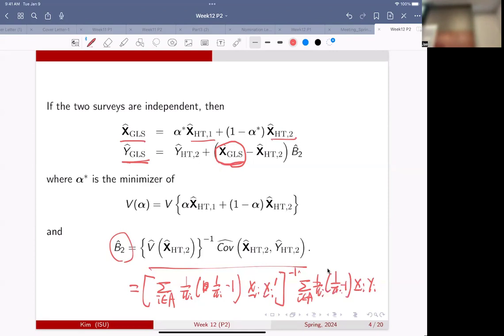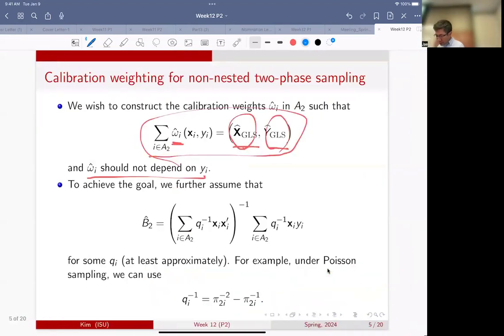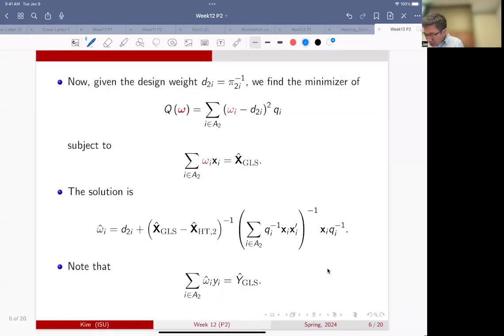So you can call it QI, so QI inverse. You can basically write something like this.